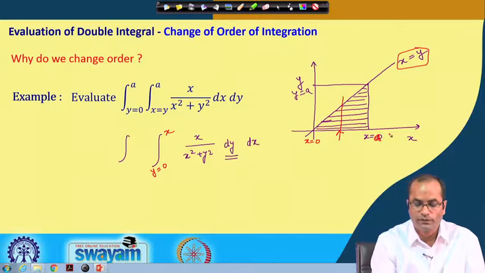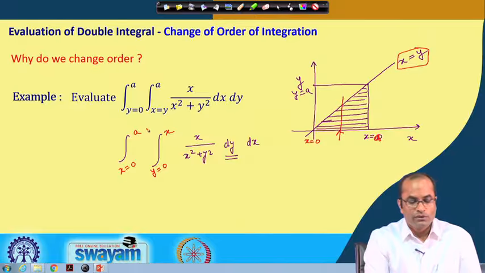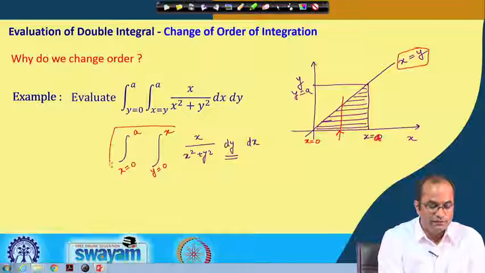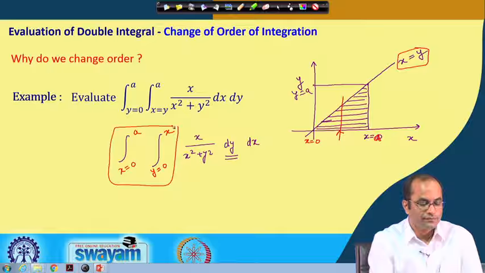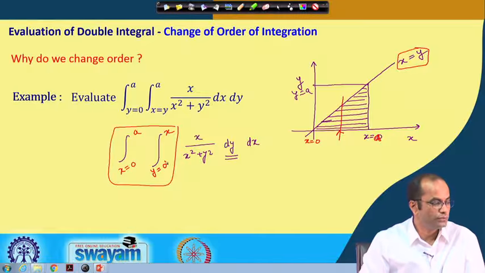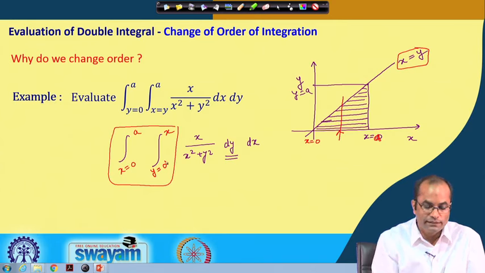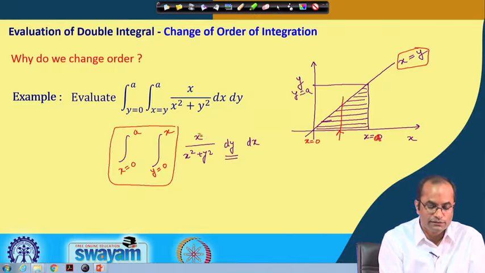So, in this way we have changed the limit: x from 0 to a, and y goes from 0 to x, and now we can integrate this, because integrating with respect to y is going to be easier. Here x is constant.